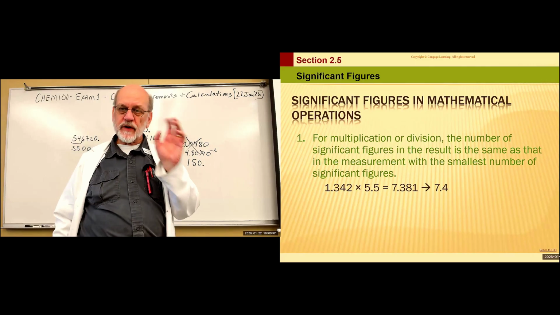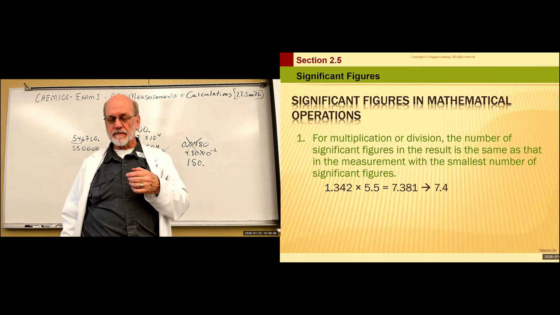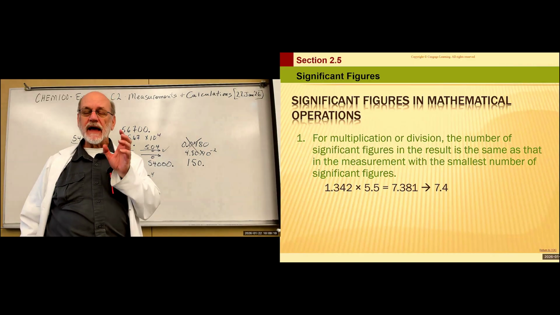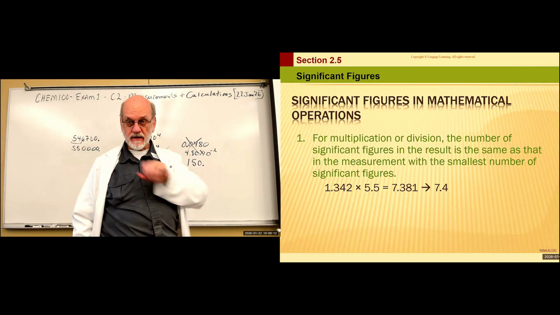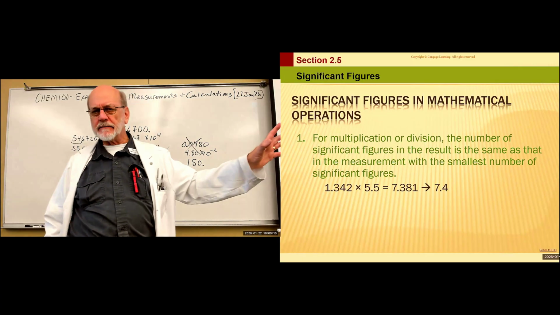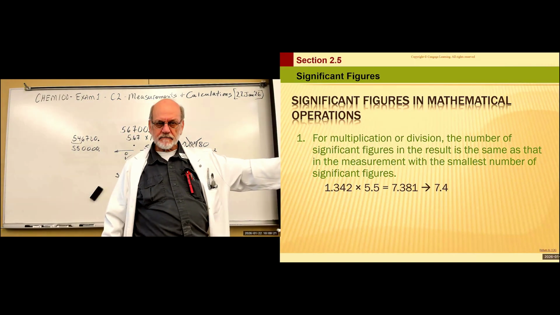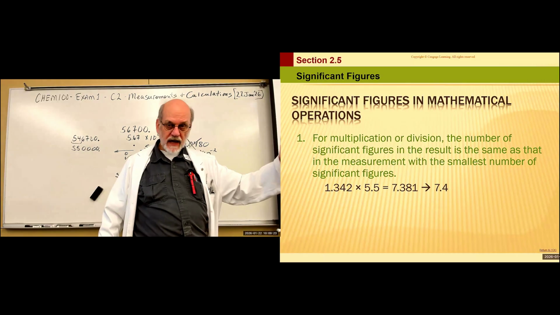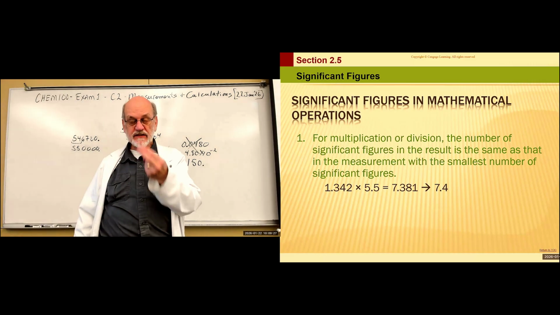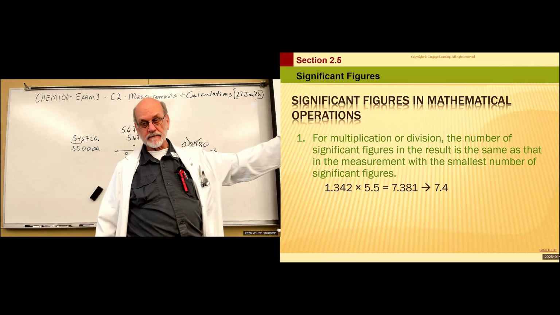Now, that previous slide mentioned multiple calculations. If you have multiply and divide in a sequence, multiply, multiply, divide, divide, multiply, divide, they're all multiply, divide. Do the calculation all the way to the end. Then look at the operators that you've used. Take the least number of significant figures out of that whole set and apply it to your answer.